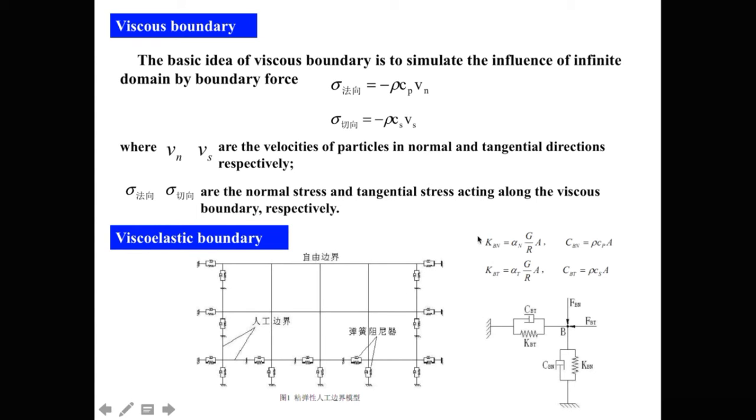And Kbn and Kbt are the stiffness of this viscoelastic boundary. For the corner nodes, it has been constrained in two directions with viscoelastic boundary.